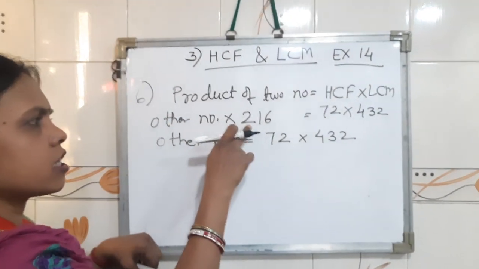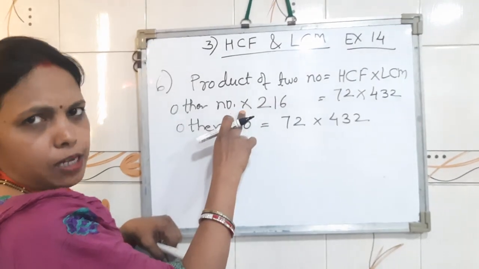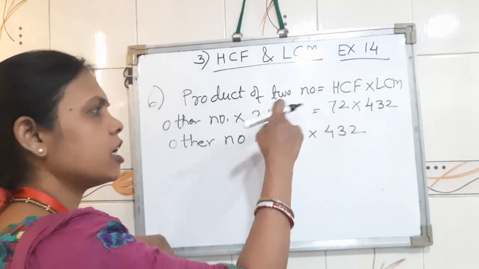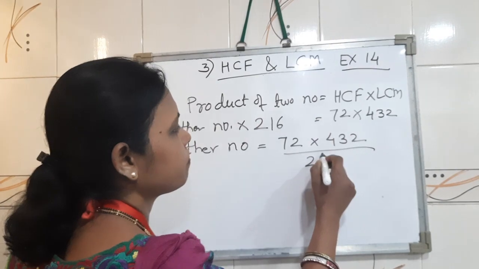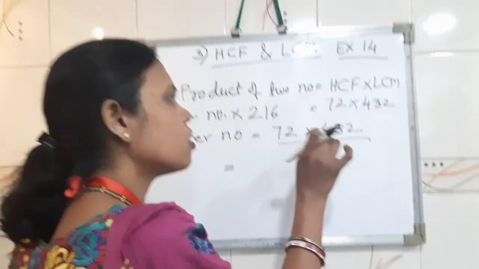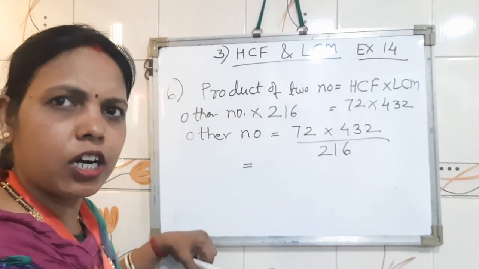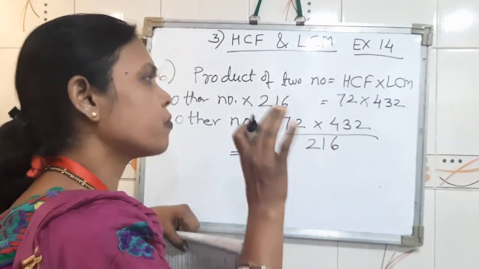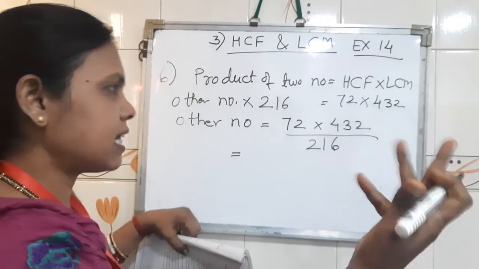Now children, this 216 is in multiplication form. When we take it to the right side, it will be in divide form. So next step, when we factorize, some numbers we can cancel.